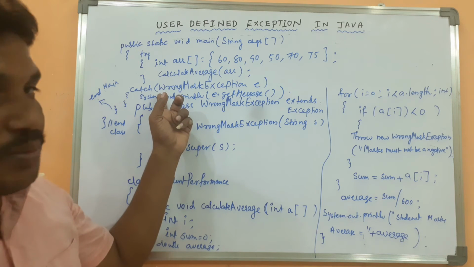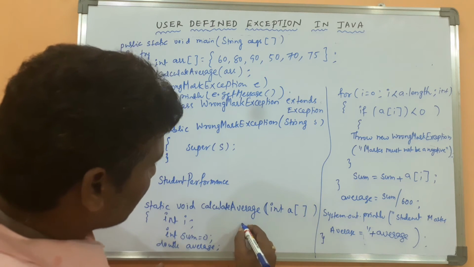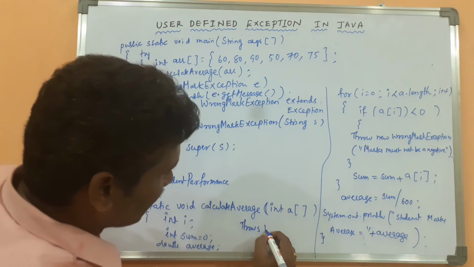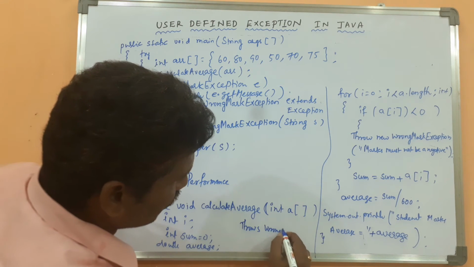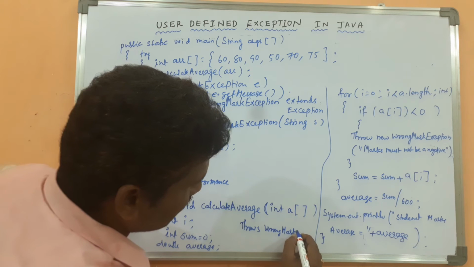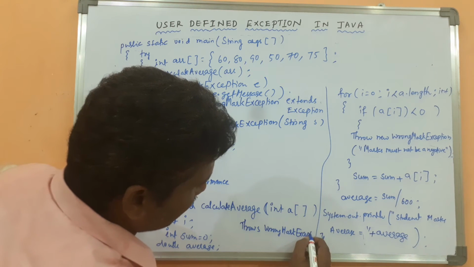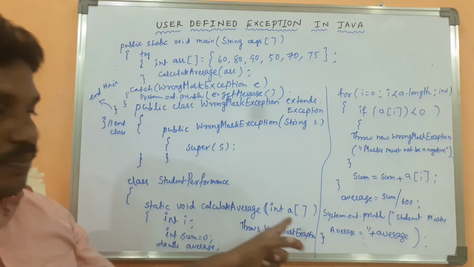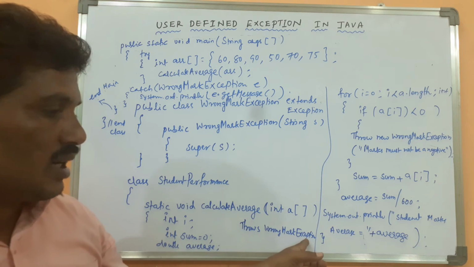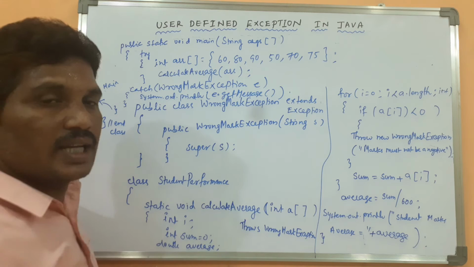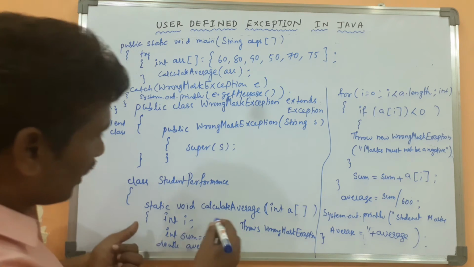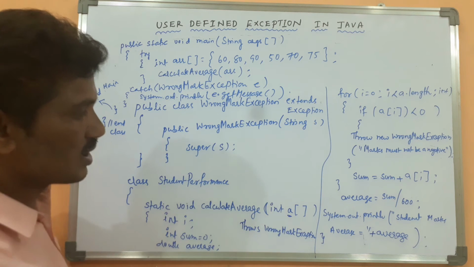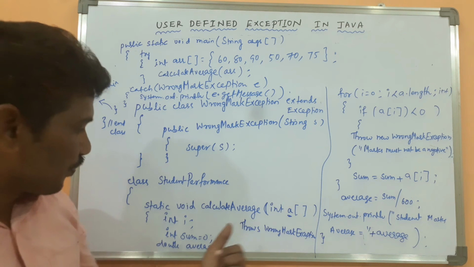Here for the method you can use throws WrongMarkException. It is only one word. Because if the method detects wrong mark exception, it has to be thrown. Then when control comes here, the array will be stored.